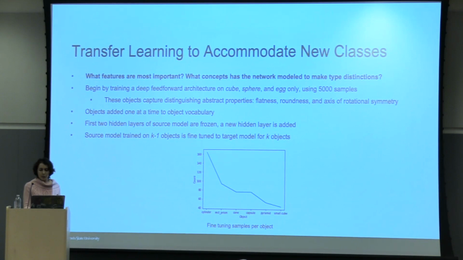We add 1 object at a time to the object vocabulary in the target model. So basically, our source model would start with 3 objects that would capture abstract properties such as flatness, roundness, and axis of rotational symmetry. During the process of transfer learning, we freeze the first 2 hidden layers of the source model, and we add a new hidden layer after the last hidden layer of our source model.